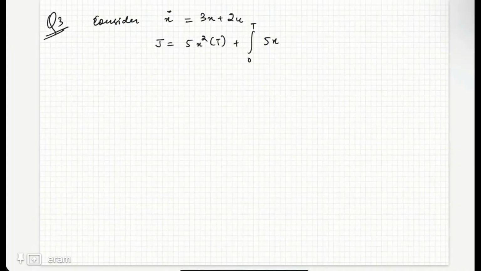We have x dot. Consider the system x dot equals 3x plus 2u, with the cost function to minimize being the terminal cost 5x squared of t plus the running cost integral of 5x squared plus 4u squared dt.